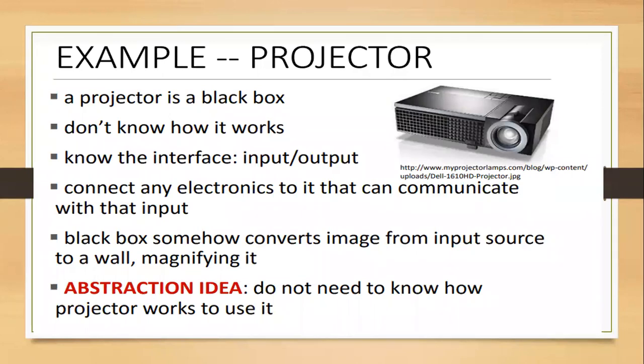What you see is that once you plug in the input, then you are able to see a magnified image on the wall. But the idea is you really do not understand what goes on in the background. And that is the idea of abstraction. Abstraction is like you're trying to hide a lot of things from the user, and you're only giving the user what the user needs to know. So you're doing what we call abstraction.